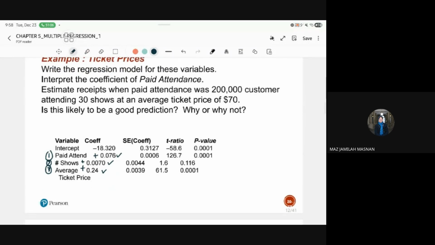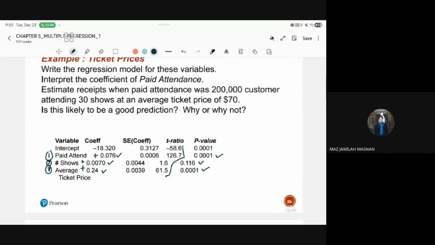And you can see the T ratio, how far away it is from the zero value. From the p-values, paid attendance is 0.0001, number of shows is 0.116, and average ticket price is 0.0001. So which of these independent variables is not significant?